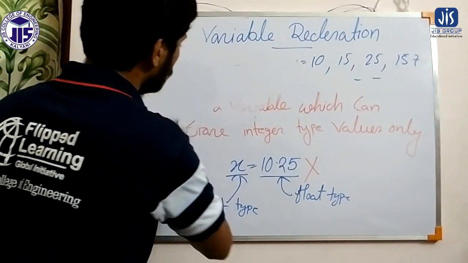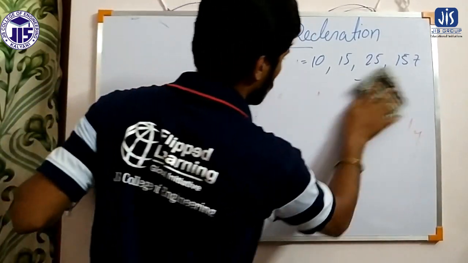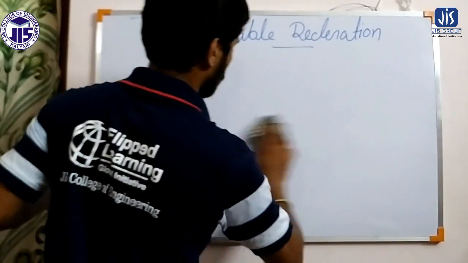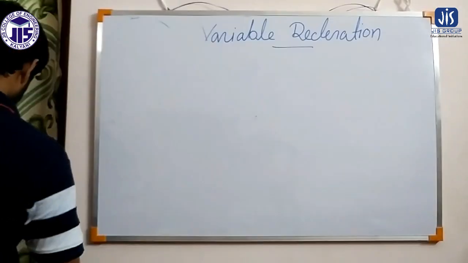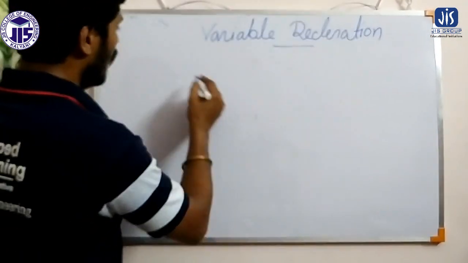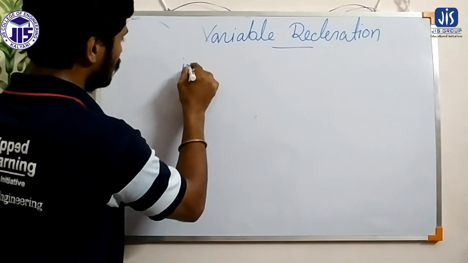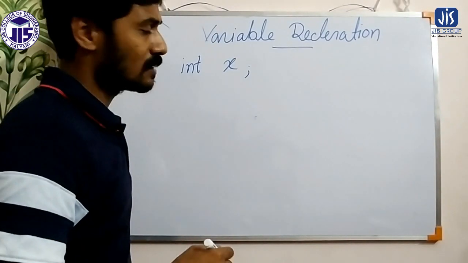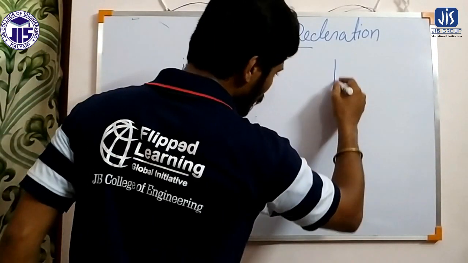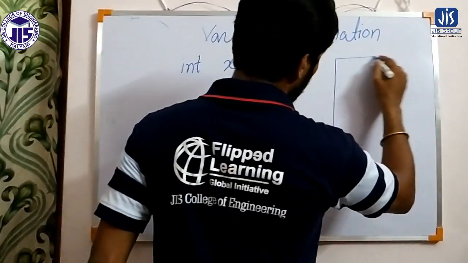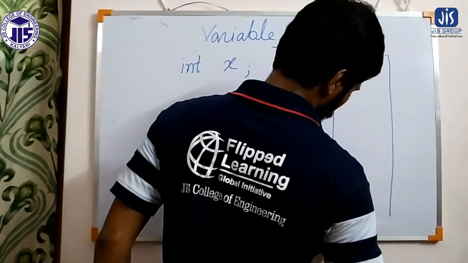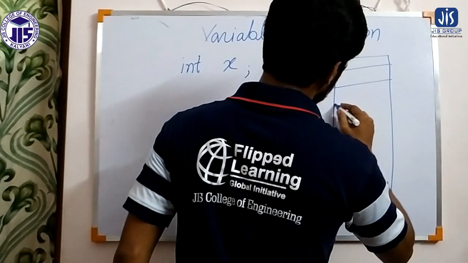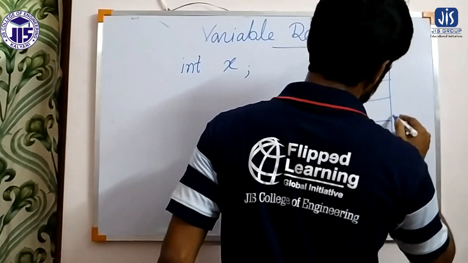Now if I say I have taken a variable integer x, what does it mean? This is my main memory, and different locations are there. So for example, this is the location.